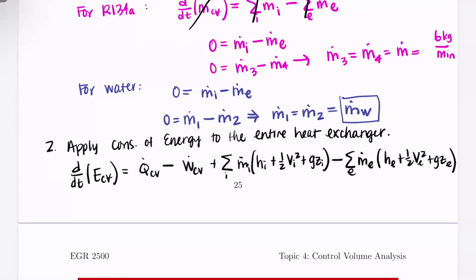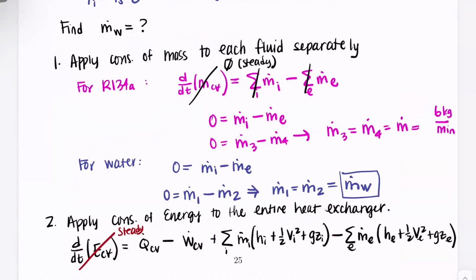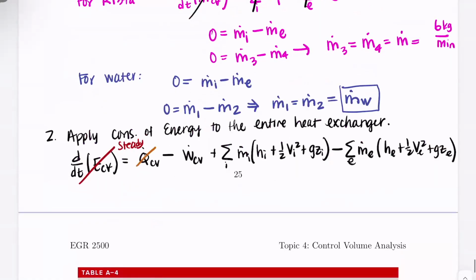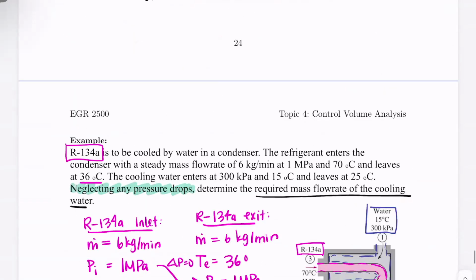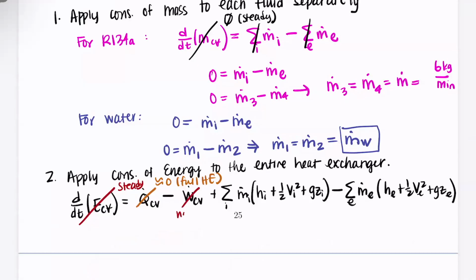Okay, we're going to simplify this because we know a number of things. This is steady, so we can get rid of that. We're also going to assume that our heat transfer can be approximated as 0 since we're looking at the full heat exchanger. There's no work produced by the system or done to the system, so we can get rid of that.